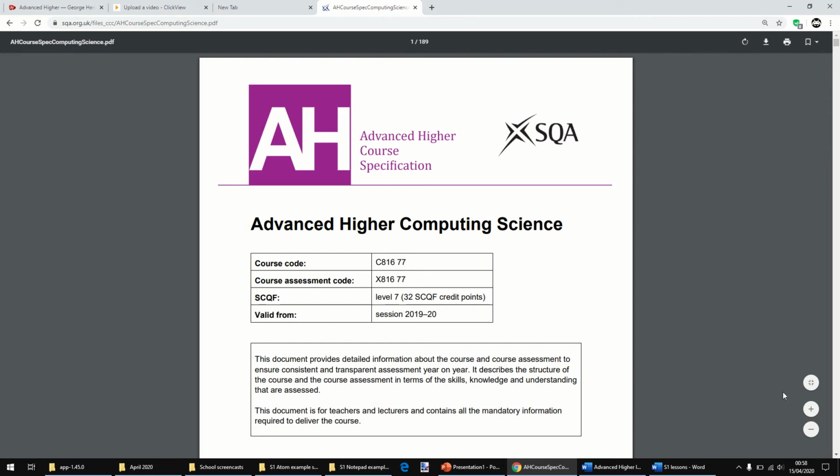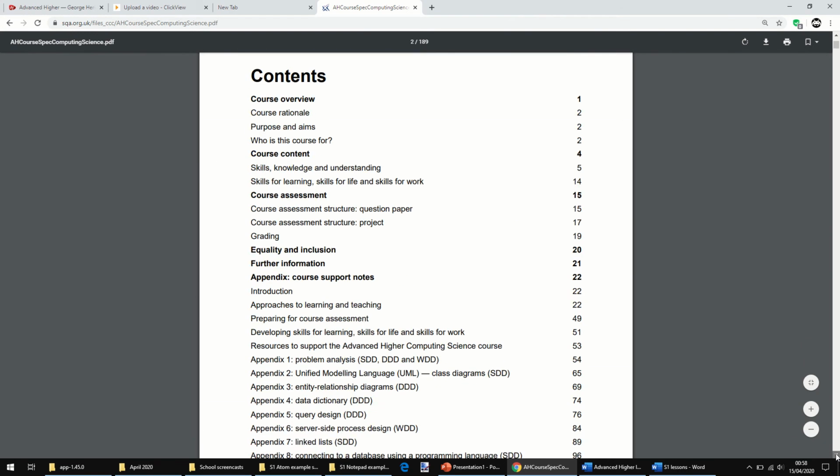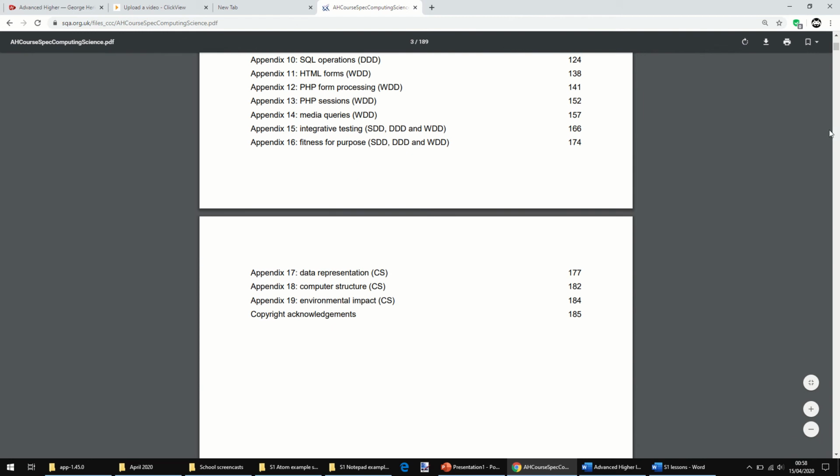So I'm just having a look at the course spec, which of course is in Firefly and the SQA site. I don't intend this to be very long, but I just want to go through it.